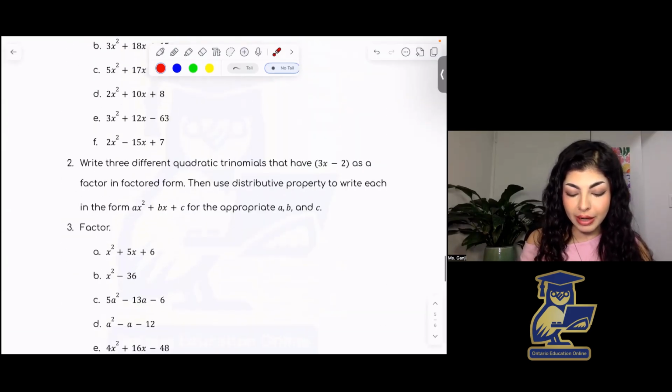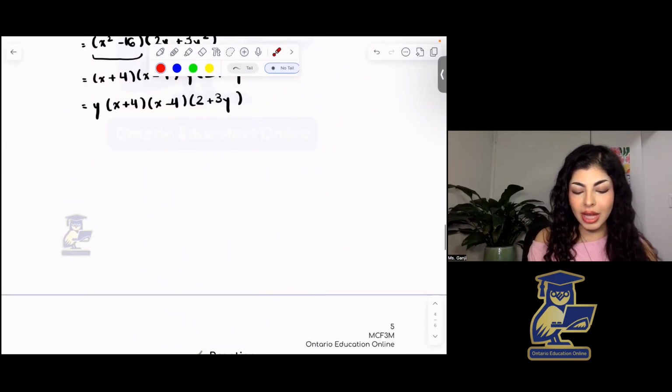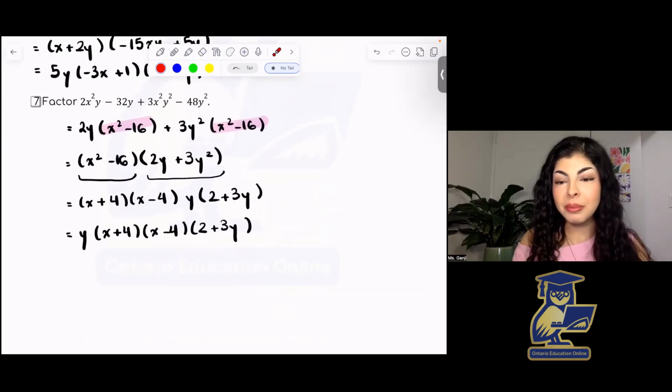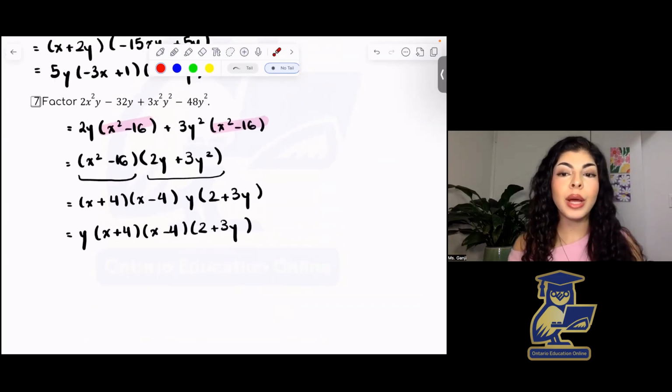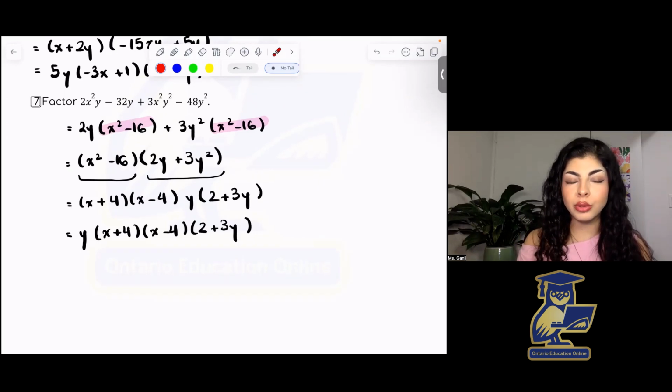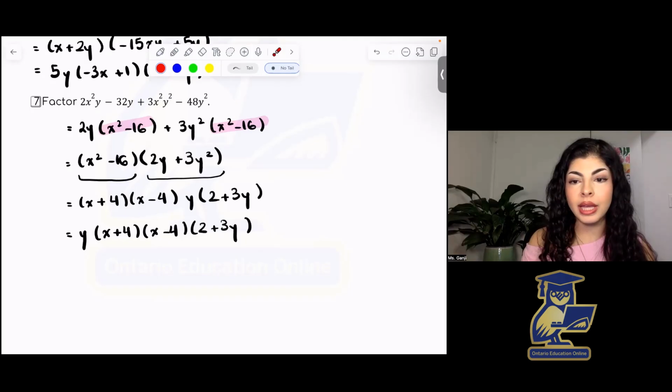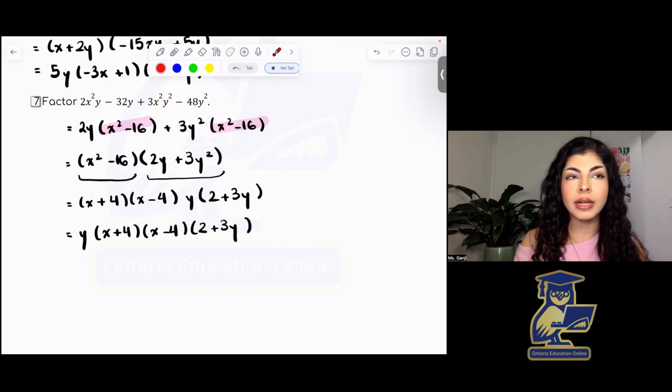For example, in this question, once I saw that x squared minus 16, I already knew because it's something I had seen before. So I hope that through practice, you're also able to recognize these common polynomials and how we can factor them, and also be more comfortable with their factored form, so you're not going through the steps as much and it becomes a little bit more automated.